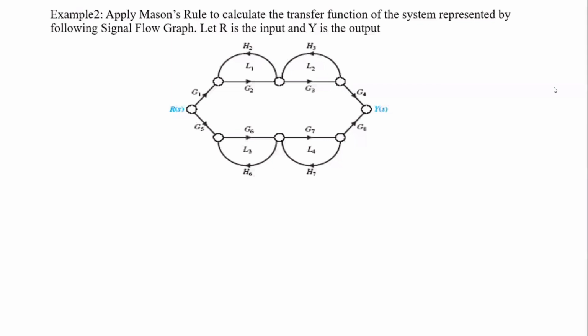You have to find Y by R. So which are the forward paths? Tell me. This is one forward path.